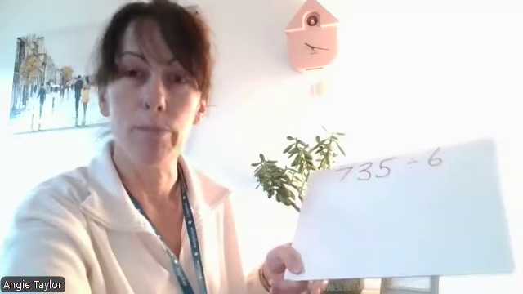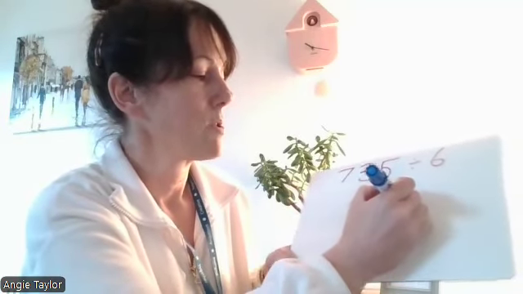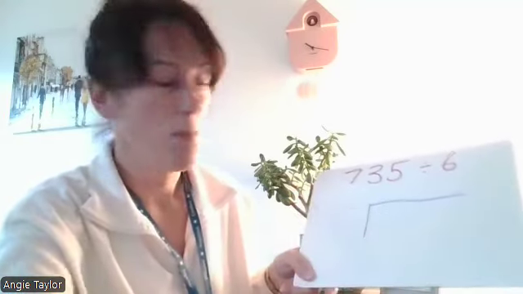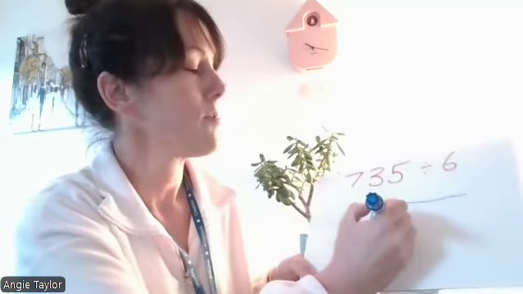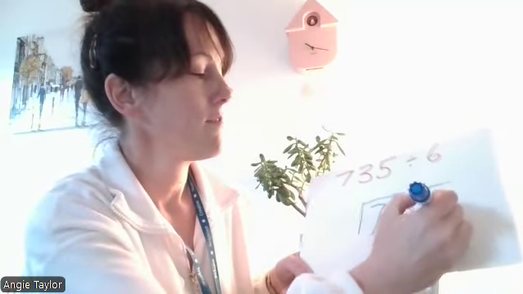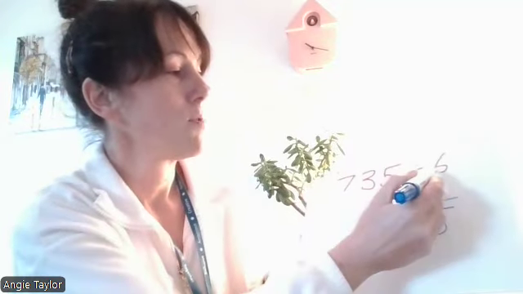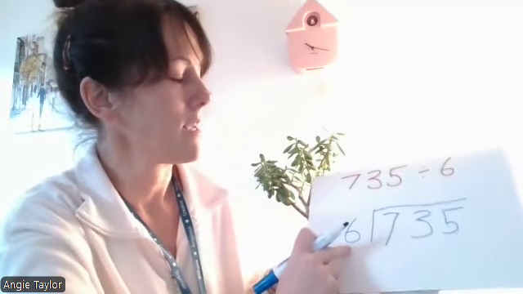I'm going to use the bus stop method. So here is your bus stop. You're going to put the number that you're dividing inside the bus stop, 735. And the number that we're dividing by goes on the outside. So it's 6.